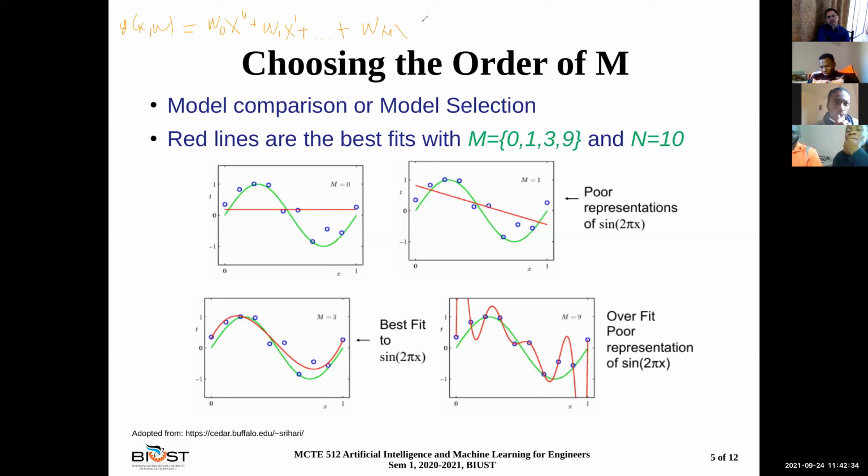We want to use that polynomial function because that's easier for us to handle.